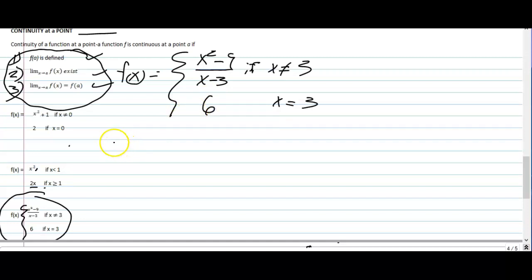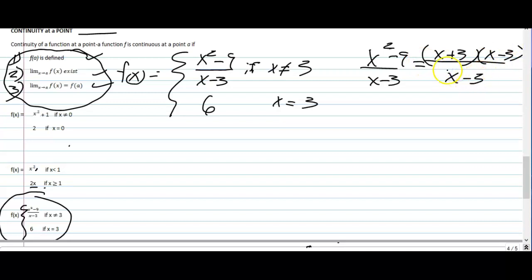So the first thing to note is that x squared minus 9 over x minus 3 is equal to x plus 3 times x minus 3 all over x minus 3. Now, I can cancel the factor of x minus 3 as long as x is not equal to 3, and it tells you that x is not equal to 3.